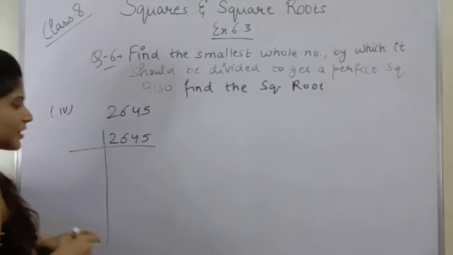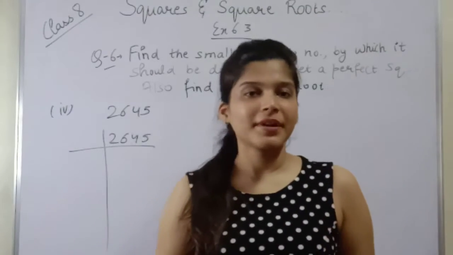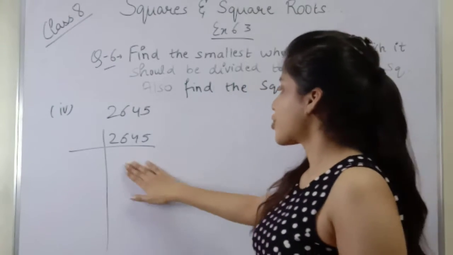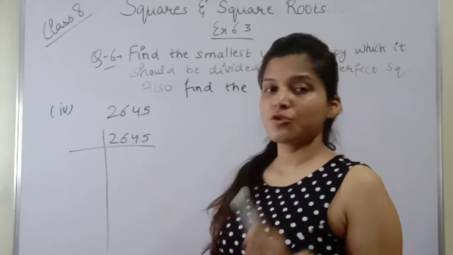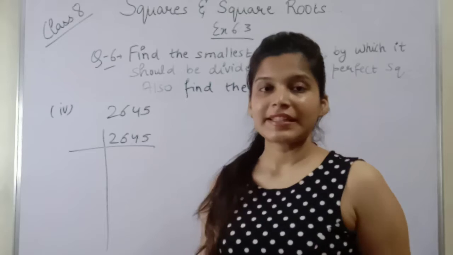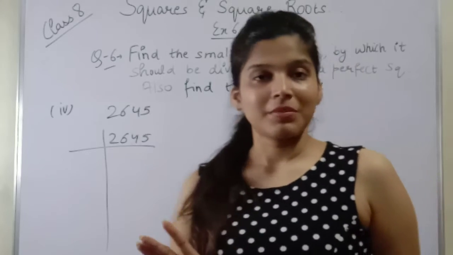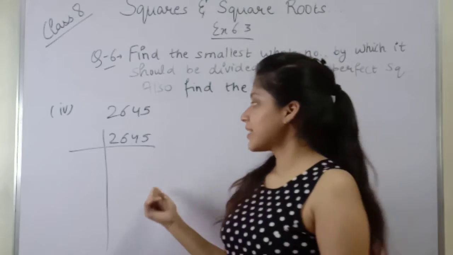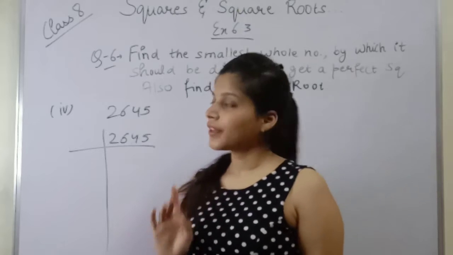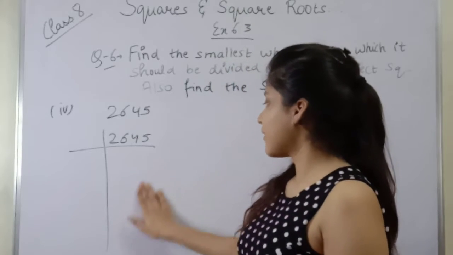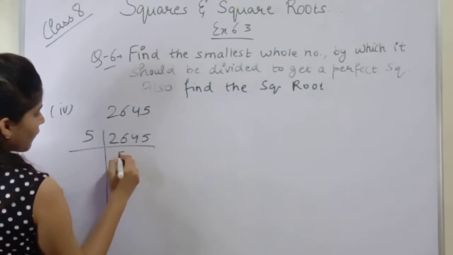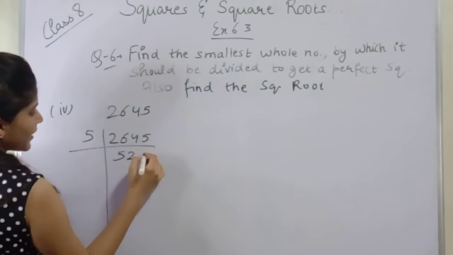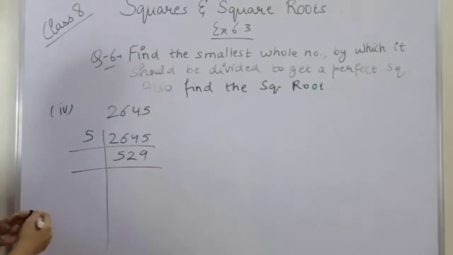Let's check, is it a multiple of 3? Because it is not a multiple of 2, our next option is 3 only. 2 plus 6 is 8, 8 plus 4 is 12, and 12 plus 5 is 17, and 17 is not a multiple of 3. It means that this number is also not a multiple of 3. So now our next target will be number 5. 5 5s are 25, 5 2s are 10, 5 9s are 45.